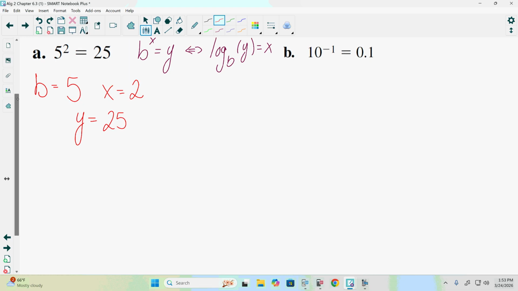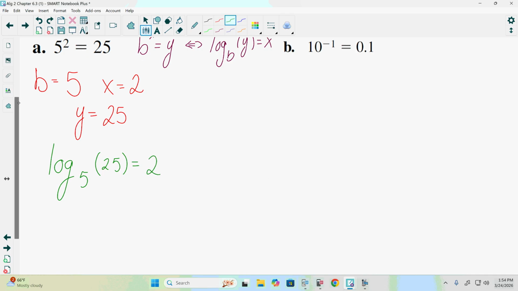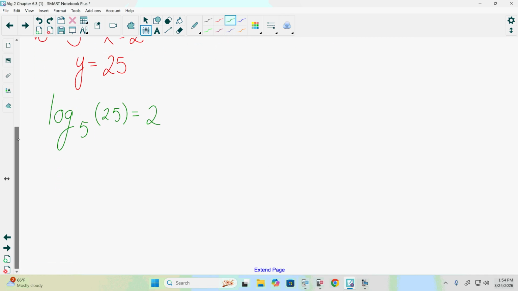So if we rewrote this as a logarithm, we'd have log base what? 5 of 25 equals 2. So really what a log is saying is, the base to what power is what's inside.